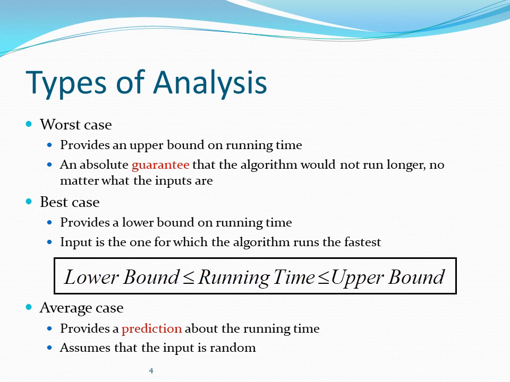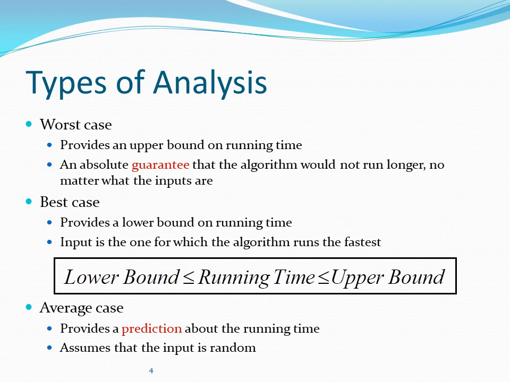It guarantees the algorithm will not run longer than this value, no matter what the inputs are. Whatever the input we give, the maximum running time is the worst case running time.